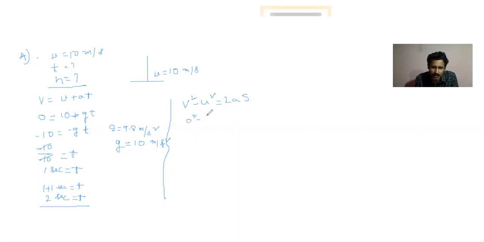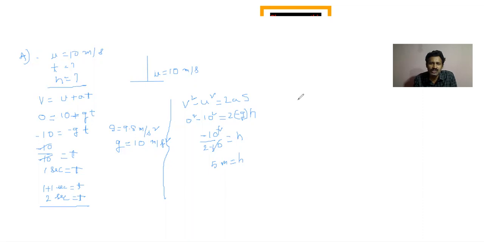So 0 square minus u square, that is 10 square, equals 2 into a, which becomes minus g, into s, which is the maximum height. So minus 10 square divided by 2 into minus 10 equals height. The minus signs cancel, 10 by 2 is 5. So 5 meters is the height.